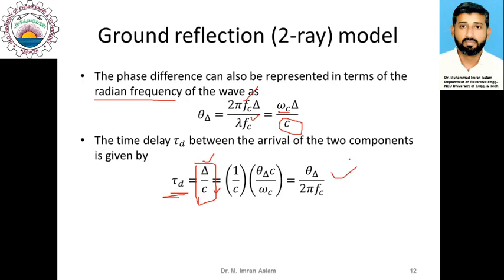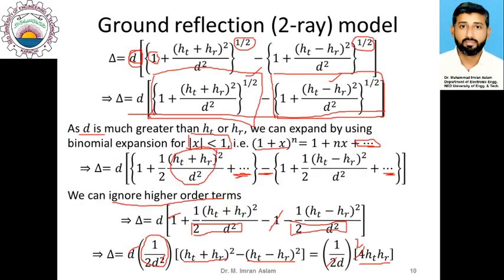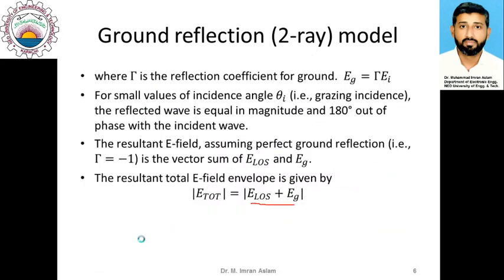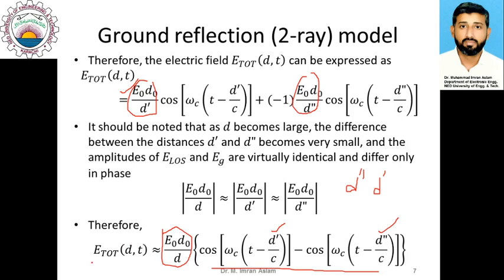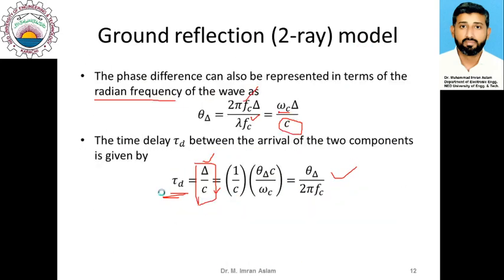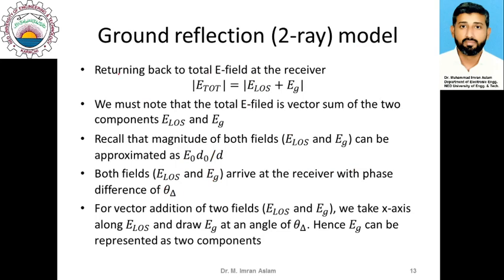Okay, so our main objective was to calculate the total electric field ET. So as I said, before doing so we have to calculate the phase difference. So now how can we calculate the total field here? Returning back to the total electric field, this is given by the sum of these two fields.